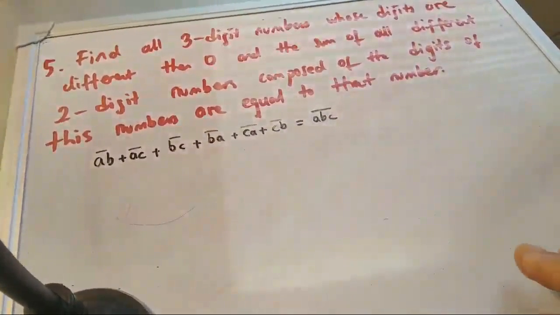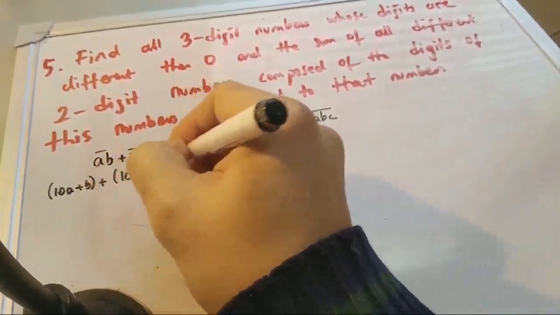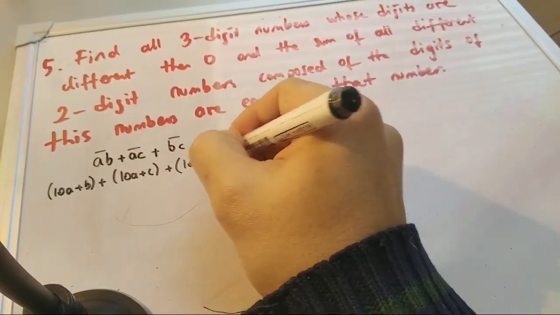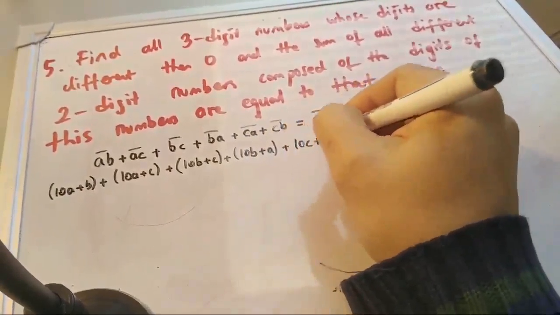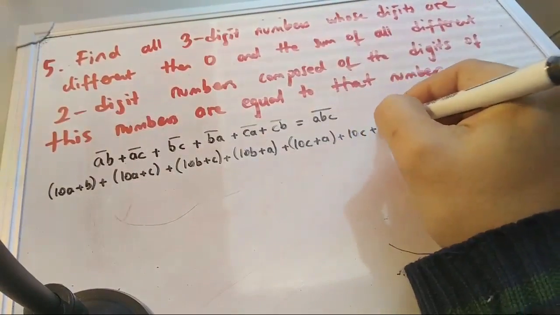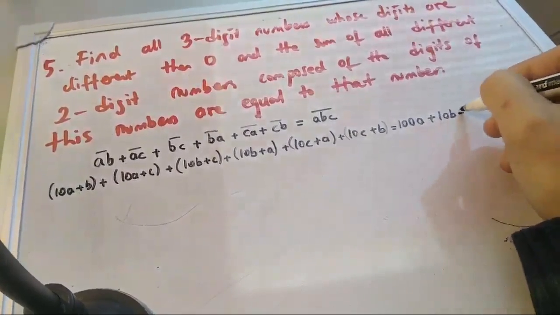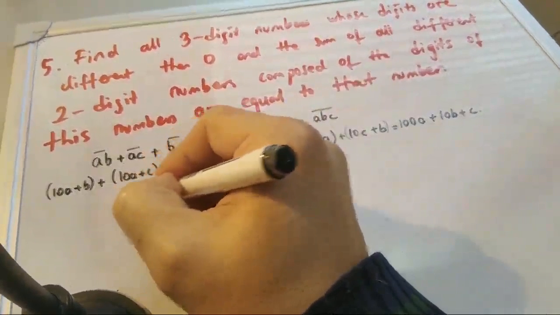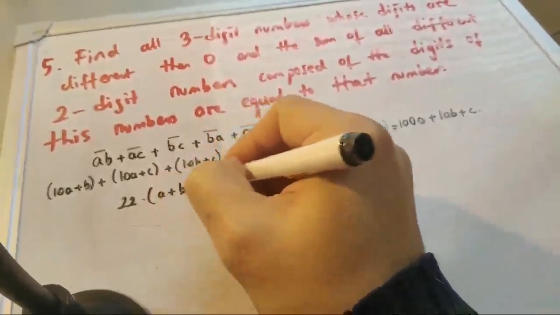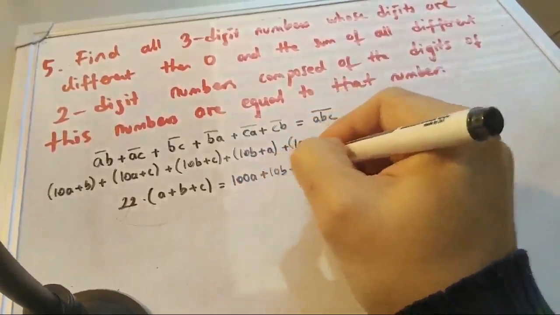So when we open it, 10A plus B plus 10A plus C plus 10B plus C plus 10B plus A plus 10C plus A plus 10C plus B is equal to 100A plus 10B plus C. So we will get 22 times (A plus B plus C) is equal to 100A plus 10B plus C.